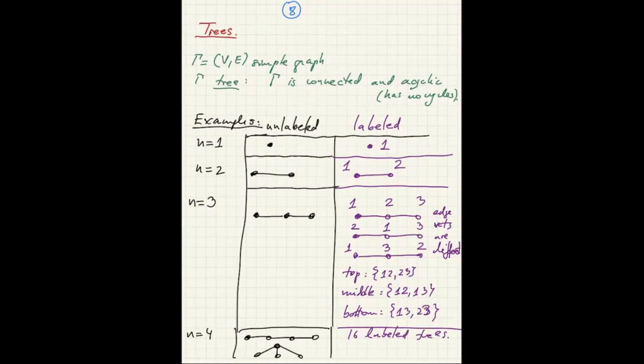And so what happens as you move along? Well, there's no nice formula for the number of unlabeled trees on n vertices, but for the labeled ones, there's a theorem due to Cayley and also proved by Borchardt before Cayley.